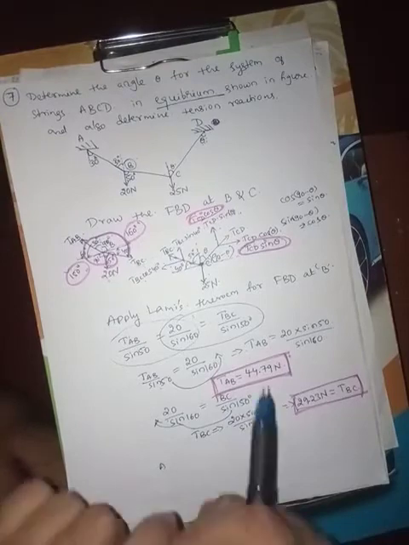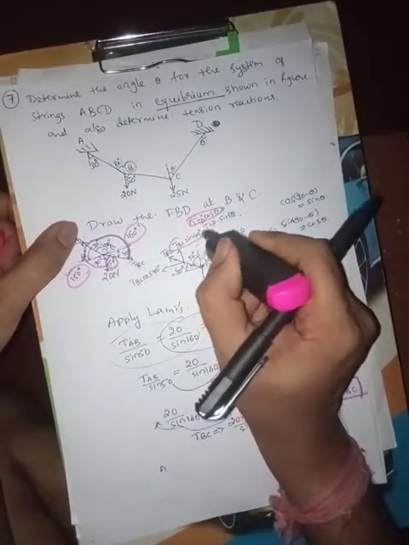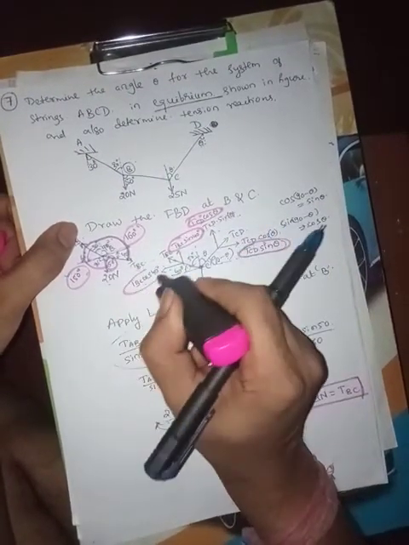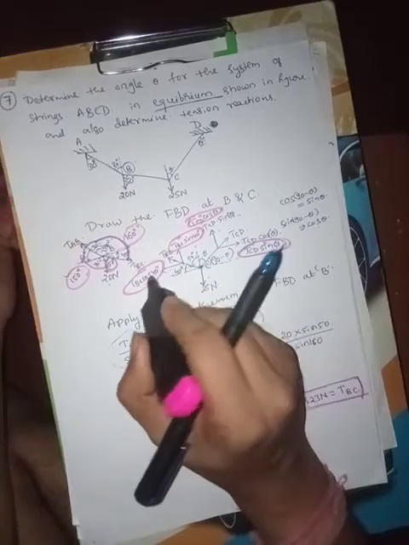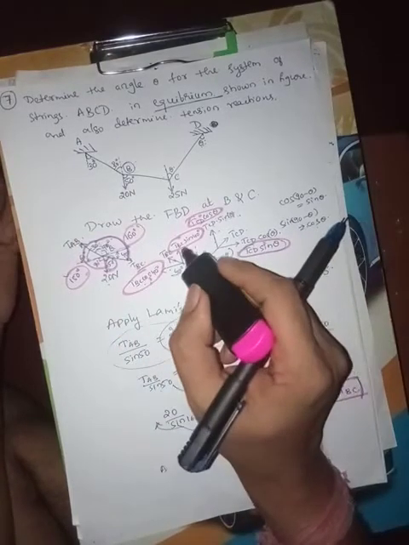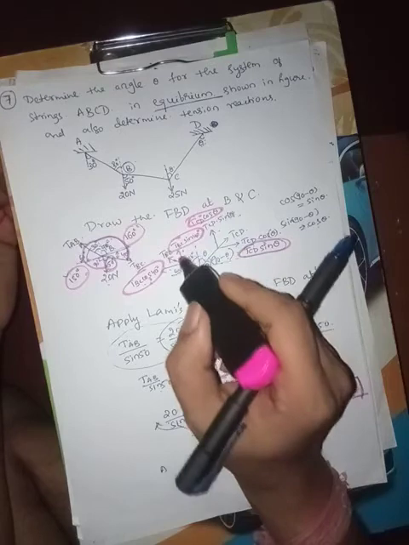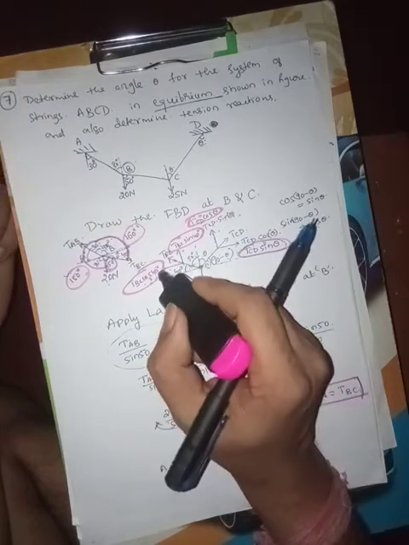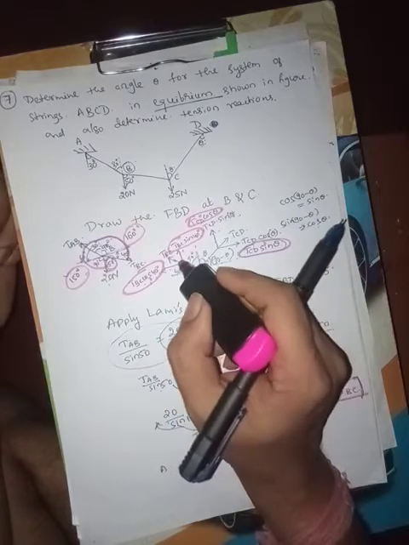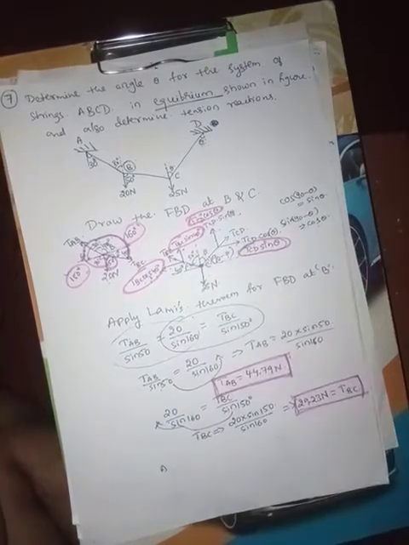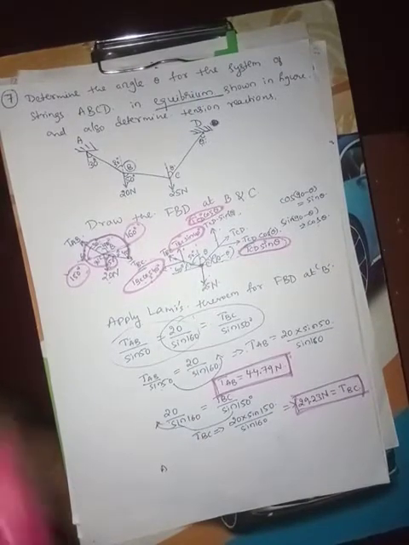So TBC cos 40 is the horizontal component of TBC and TBC sin 40 is the vertical component. Finally we have resolved these forces.